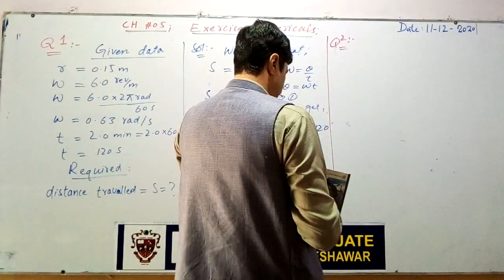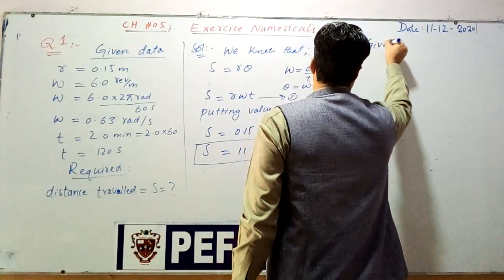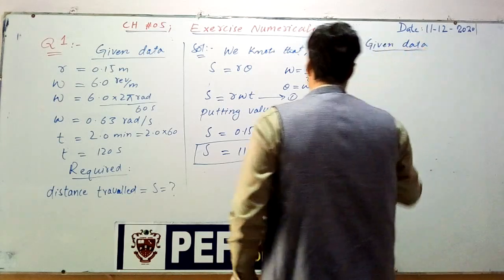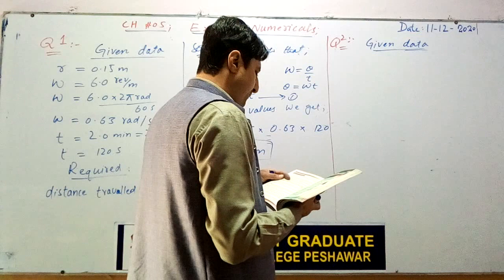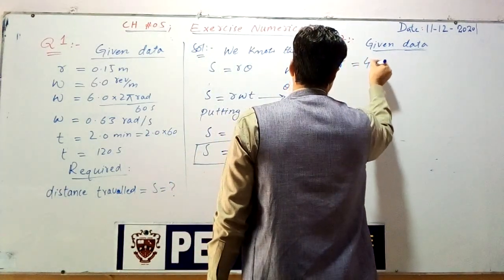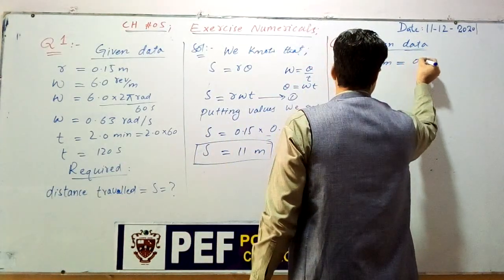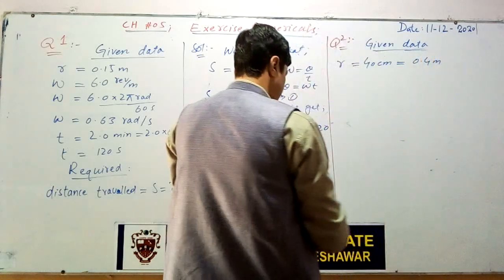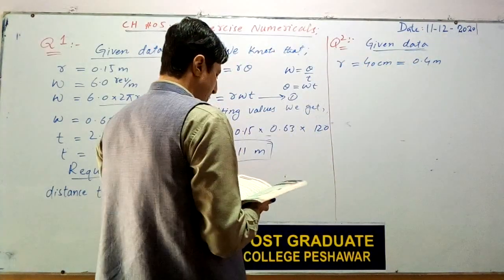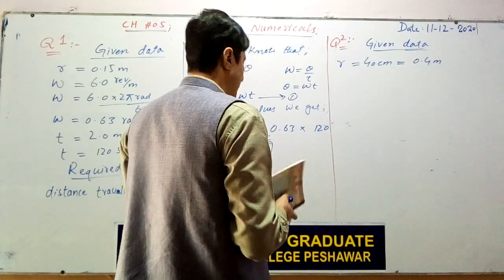Given data is a circular drum of radius 40 centimeter. So radius is given, which is equal to 40 centimeter, or to convert this into meter we get 0.4 meter. We have to divide this 40 by 100 to convert into meter. So 0.4 meter. It is initially rotating at 400 revolution per minute.